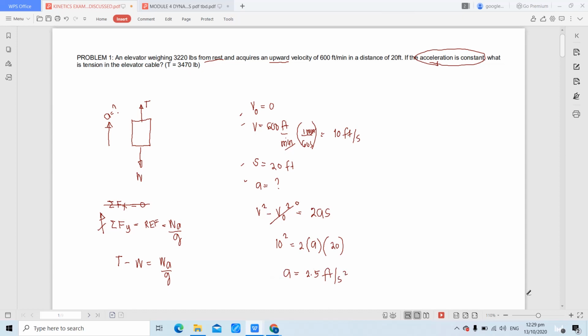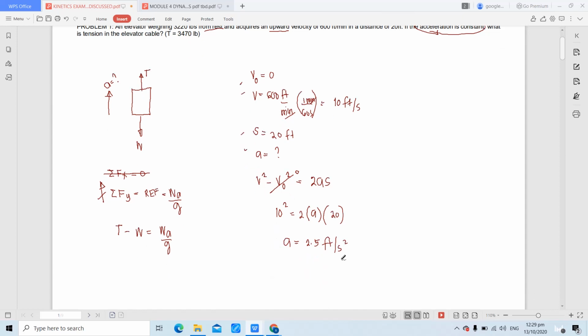And we have the acceleration, so substitute the acceleration value to our equation. Tension T is unknown, WA over G. Move this to the other side, it becomes plus. So, substituting the given parameters, the weight of the elevator is 3,220 multiplied by A, 2.5.